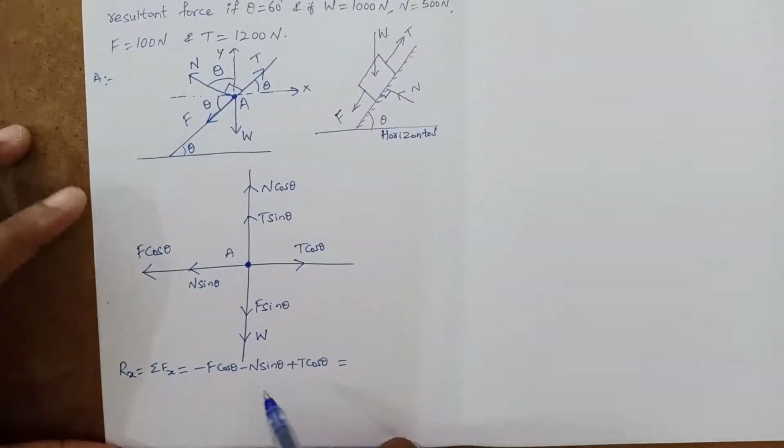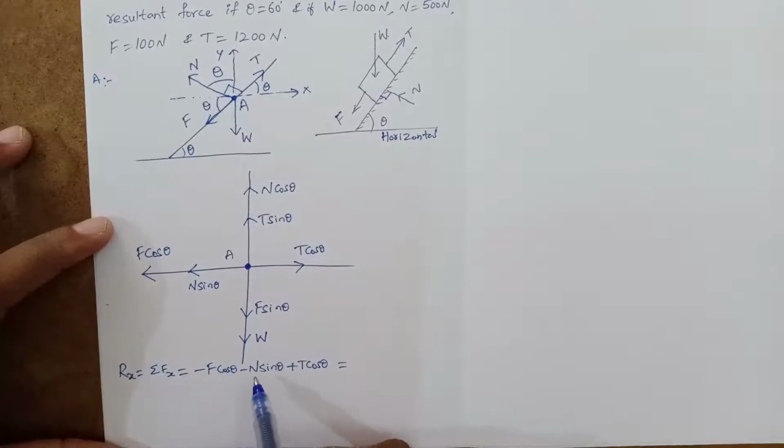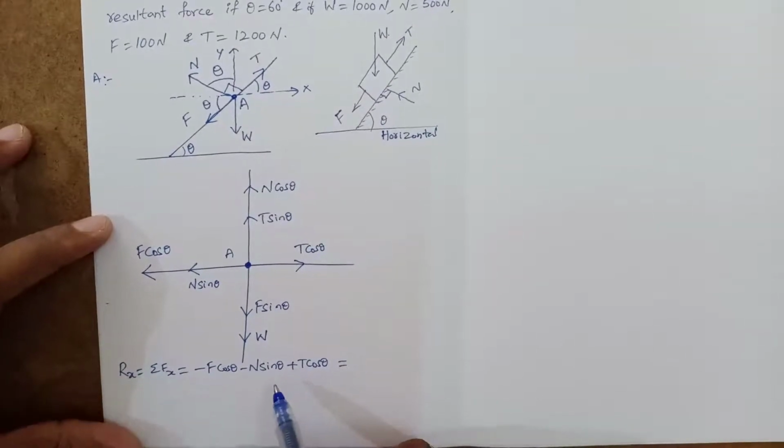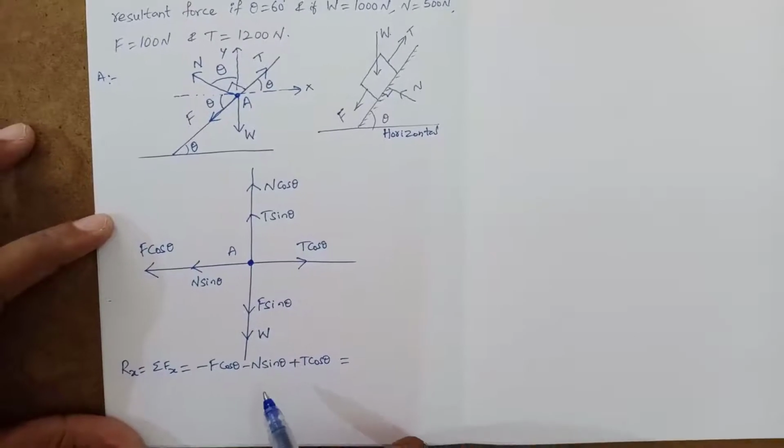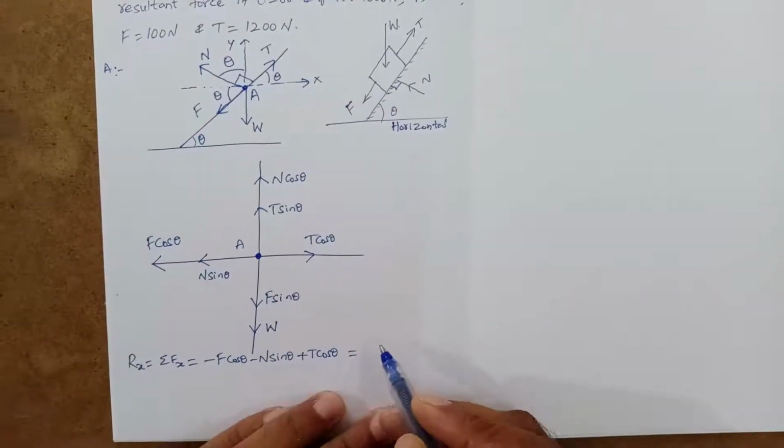So substituting these values for F, theta, N, T, we get this value equal to 116.99 Newton.